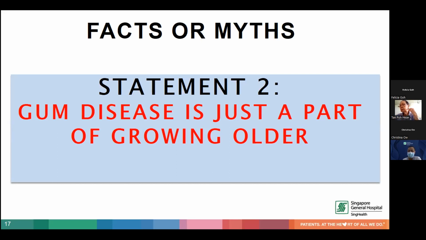Gum or periodontal disease is an infection of the gums and surrounding tissue that hold teeth in place. Gum disease develops when plaque, a sticky film of bacteria, is allowed to build up along and under the gum line. The two forms of gum disease are gingivitis, a mild form that is reversible with good oral hygiene.